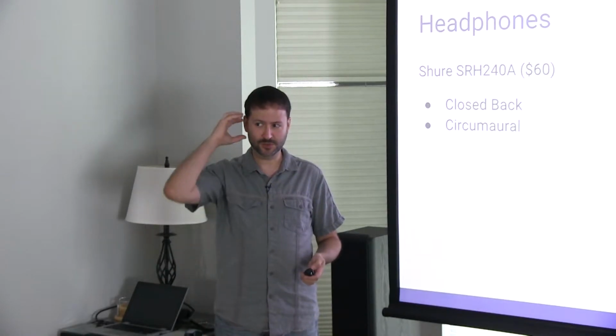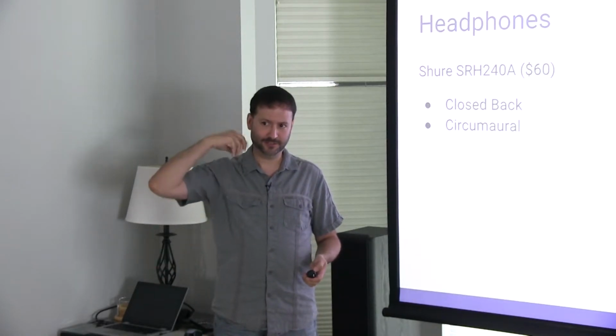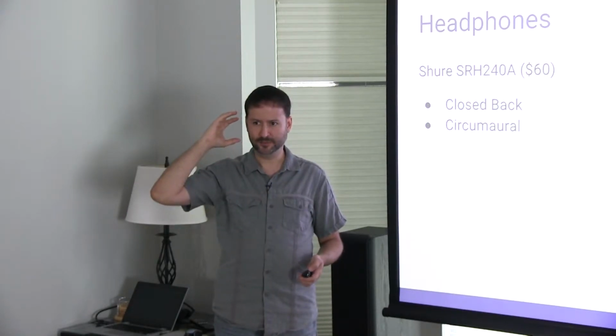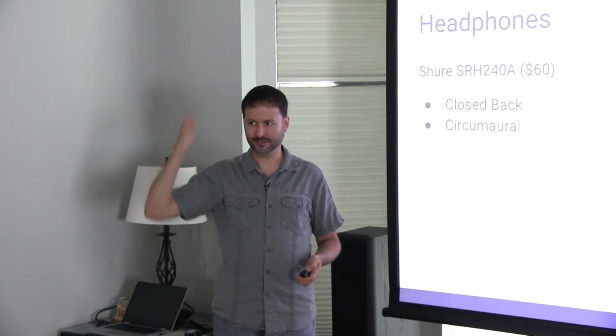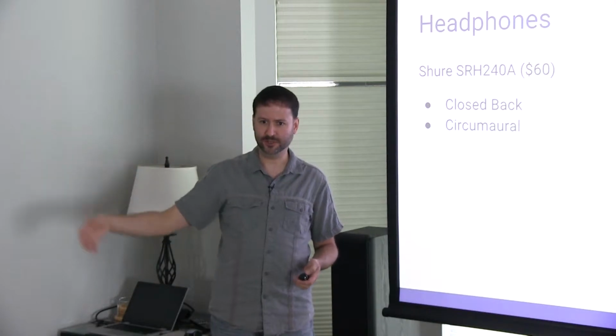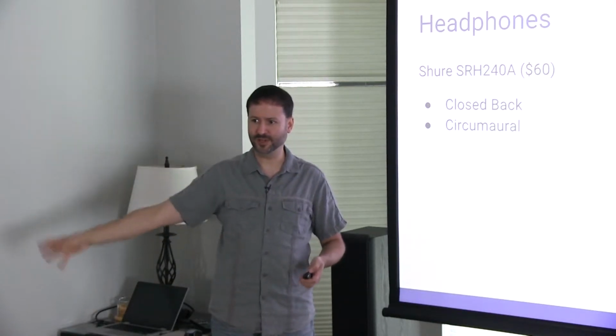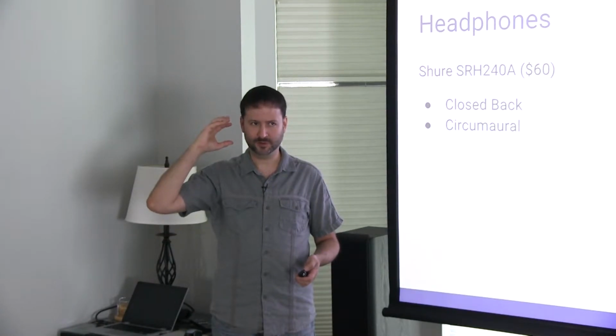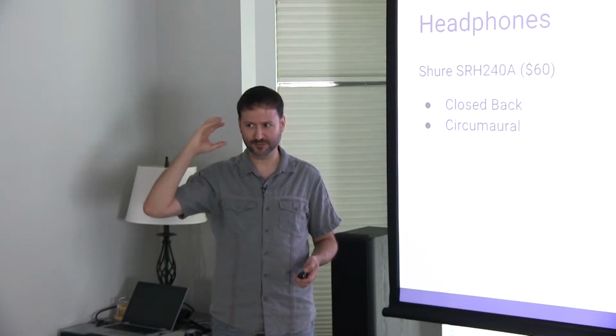But that's what you want. So you want to completely cover your ear. And closed back means that the outside is closed off from the inside. So you're hearing very little of the room outside it and the noise and the people.